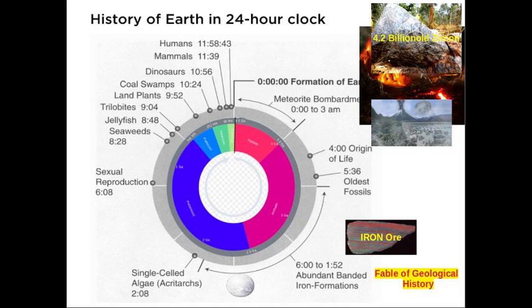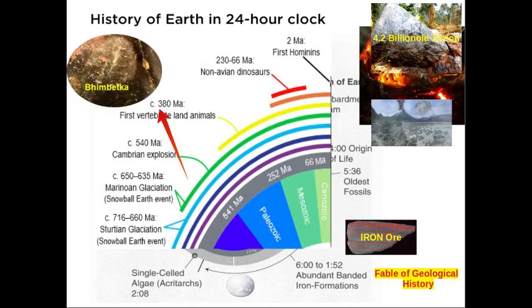And after that, life has formed, and then around three-quarters of time over, after the beginning of time, you had reproduction in a different way. And then you need enlargement of the last quarter of Earth's history in a 24-hour clock to understand it better.